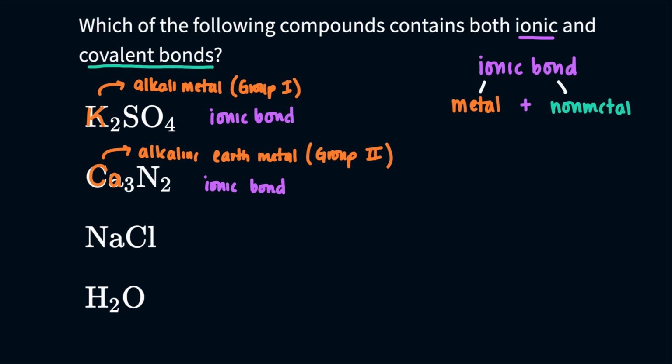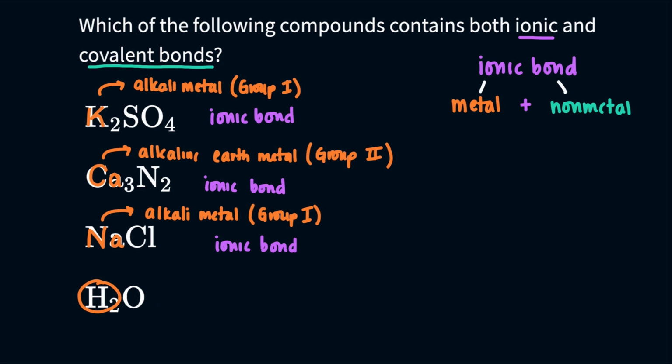Let's keep it rolling. We got sodium chloride. Sodium is in the same group as potassium. It's an alkali metal, group 1 or 1A. So we at least have an ionic bond. But then H2O: even though hydrogen is in group 1, hydrogen is a nonmetal.